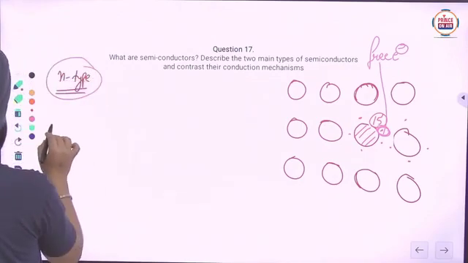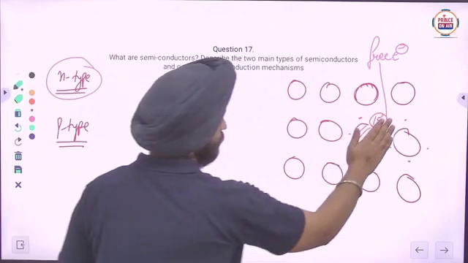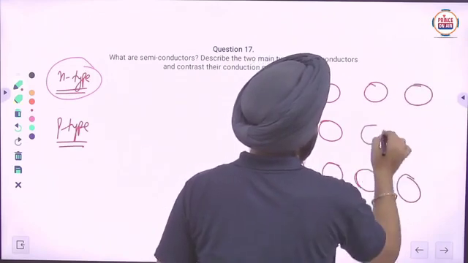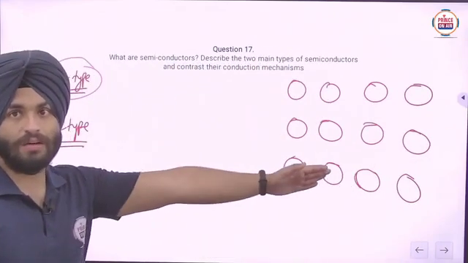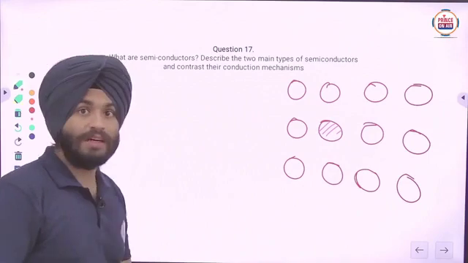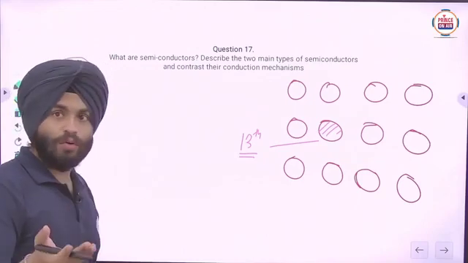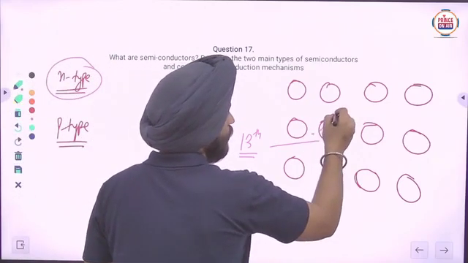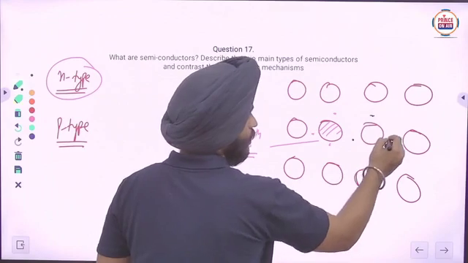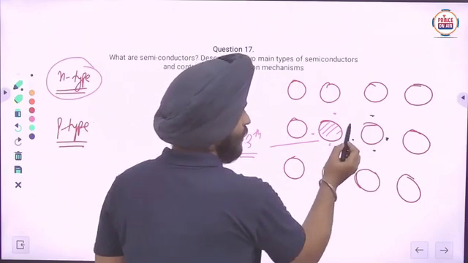If I am going to consider P type, in that way we are having group 14 elements that are in this way, and if I am considering only one element that is from group 13, which is having valence electron equal to 3, so 1 2 and 3, but here the number of electrons in case of 14th group elements, there will be 4, but here it will be a hole.